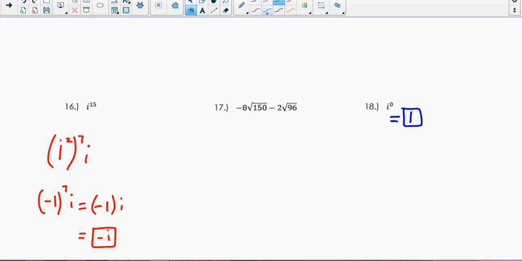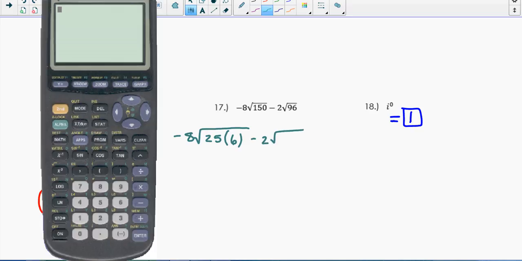Okay, next one. So if I want to simplify these radicals, so this is good review, I have negative 8 square root of 150, so I'm thinking about factors right now of 150, which would be 25 times 6, minus 2 square root of 96, and let's say you get to 96 and can't think of any perfect squares. Again, I would give you more reasonable numbers, but if you had a calculator, you could do 96 divided by and pick perfect squares.